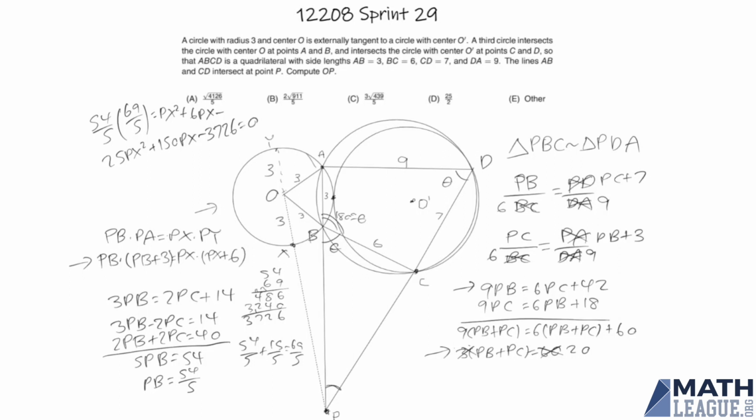So now using the quadratic formula, we get PX equals negative 150 plus or minus the square root of 150 squared, 22500, minus 4 times 25 times negative 3,726, or plus, because this is also a minus. 25 times 4 is 100, so we just have to tack on 2 zeros to the c term, which is 372600. And this is all over 2a. 2 times 25 is 50.